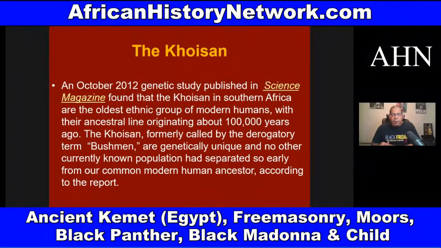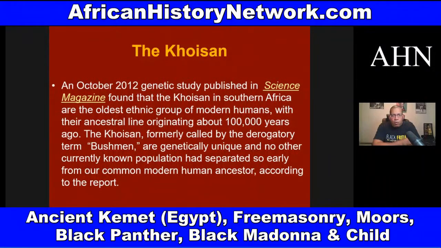So the Khoisan, in an October 2012 genetic study published in Science magazine, which is another scientific magazine that has archaeological discoveries, were found to be the oldest ethnic group of modern humans in Southern Africa, with their ancestral line originating about 100,000 years ago.